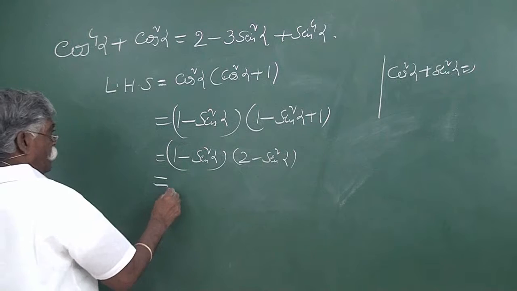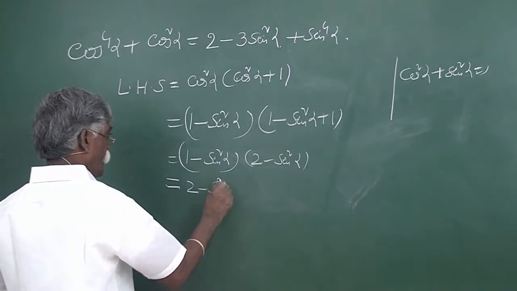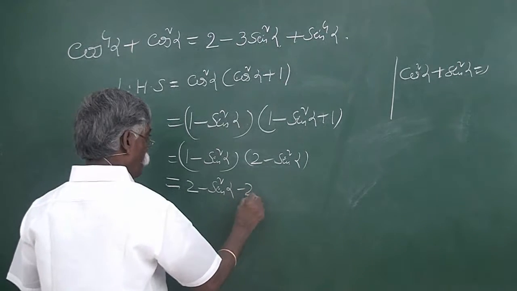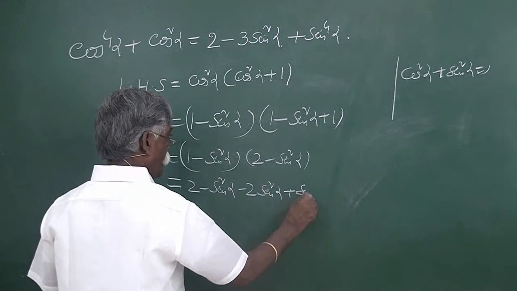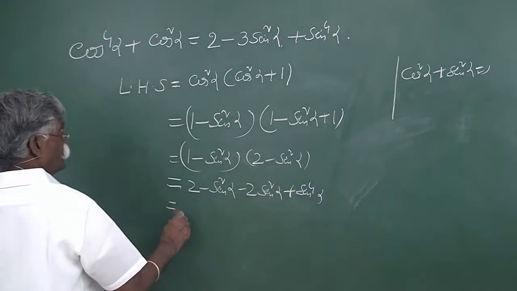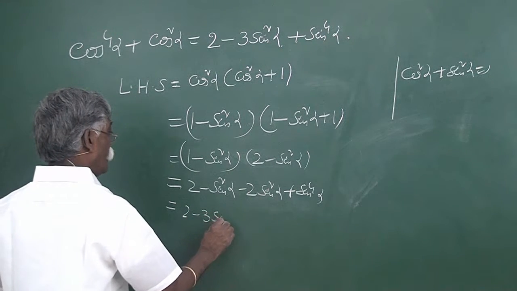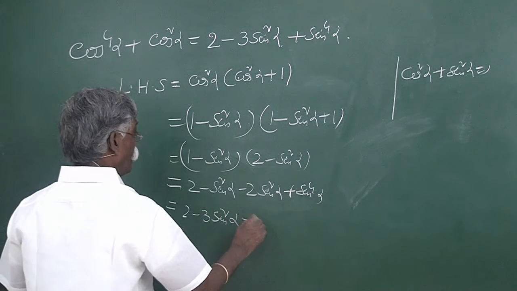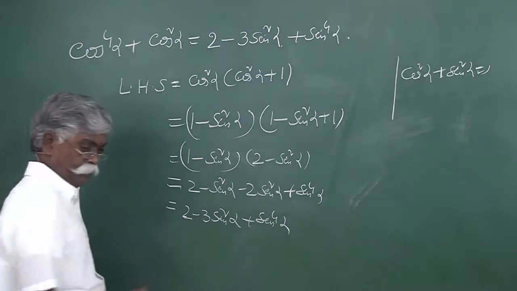Now if we multiply, this is 2 minus sine square alpha minus 2 sine square alpha plus sine power 4 alpha. So this is 2 minus 3 sine square alpha plus sine power 4 alpha.